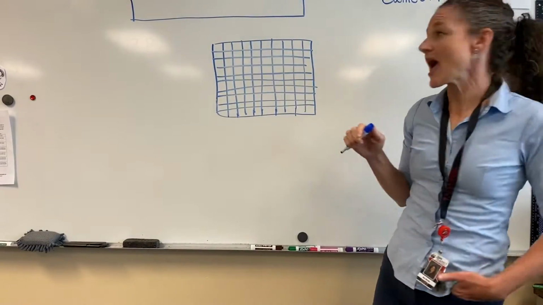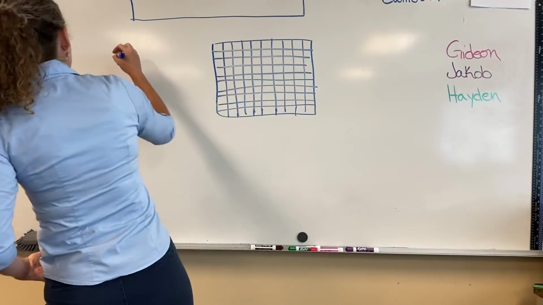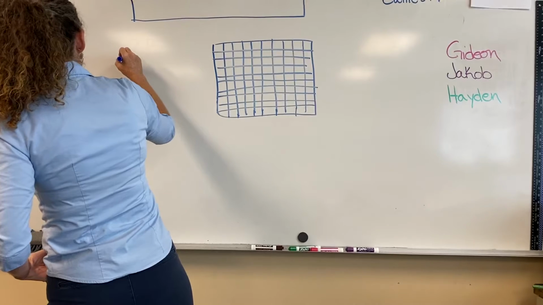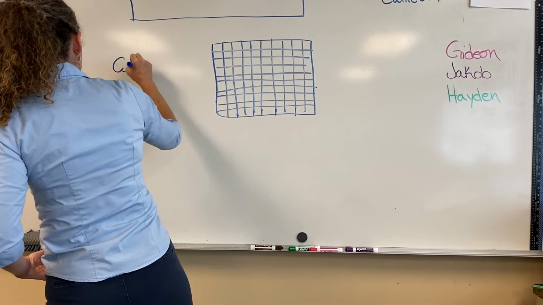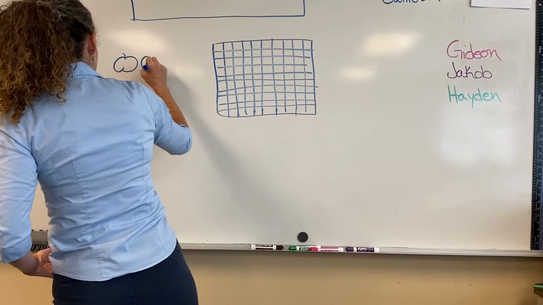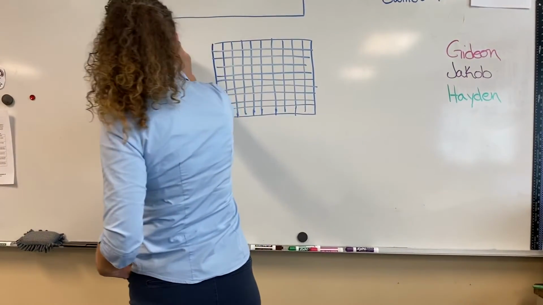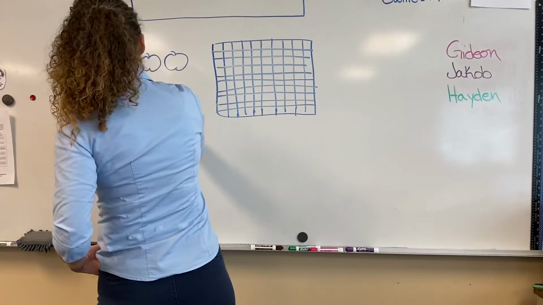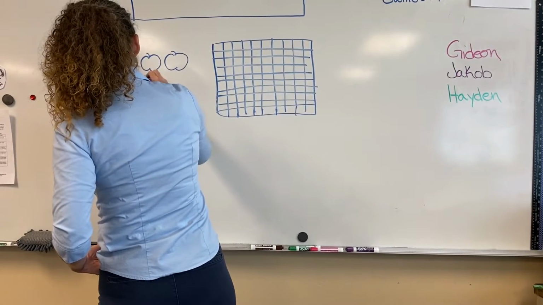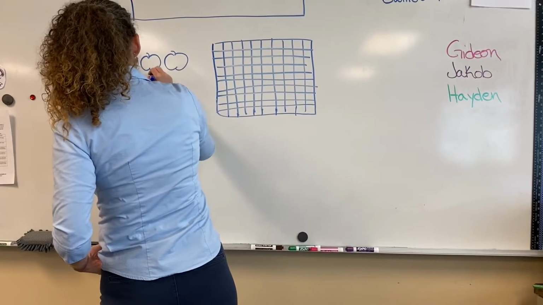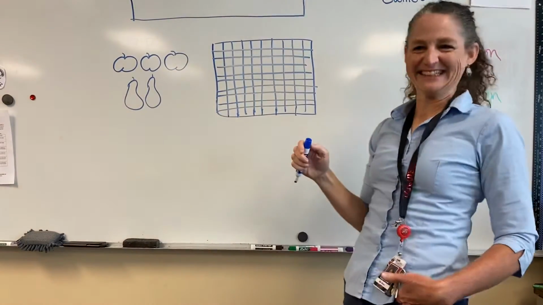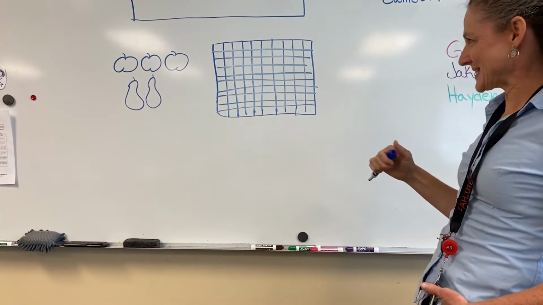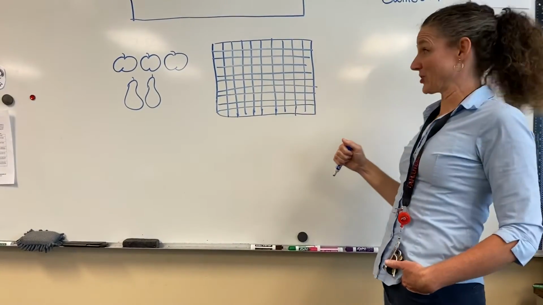So let's say I have 5 fruits. Can you guys tell what those are? Apples. Apple and banana. Oh, that's a pear. I have 3 apples and I have 2 pears.